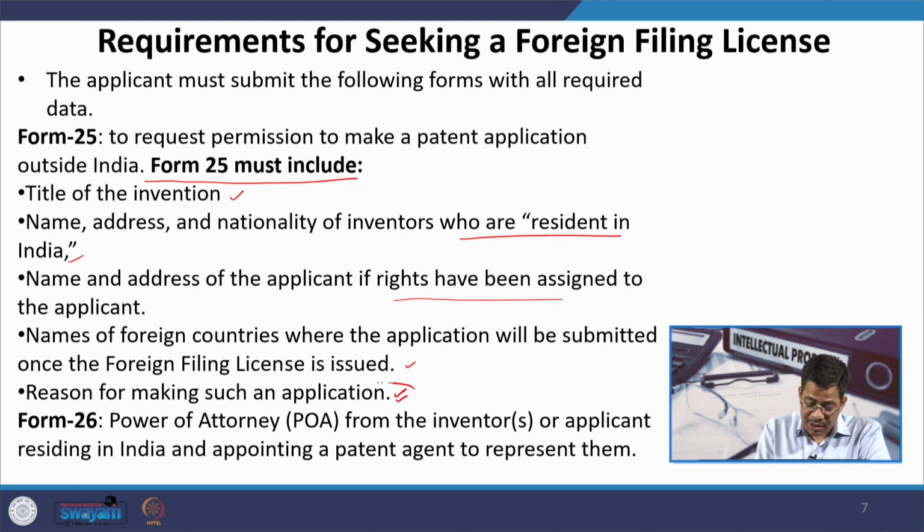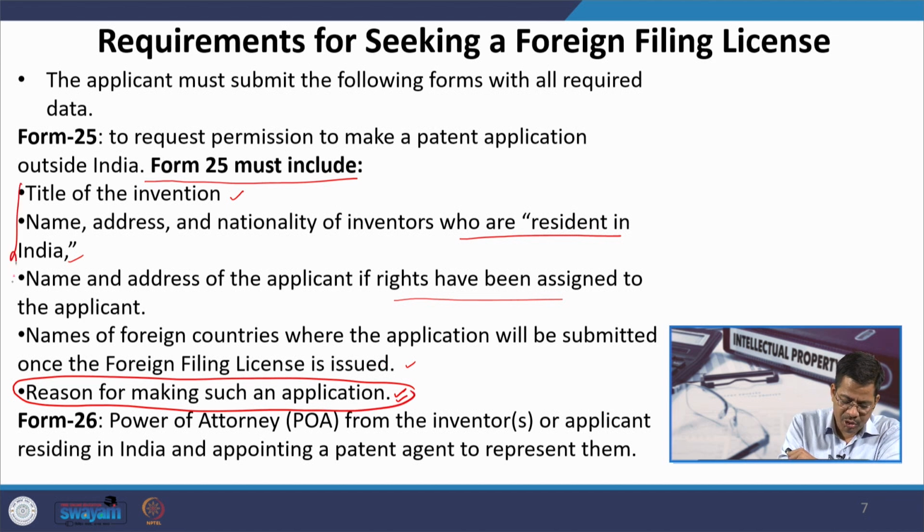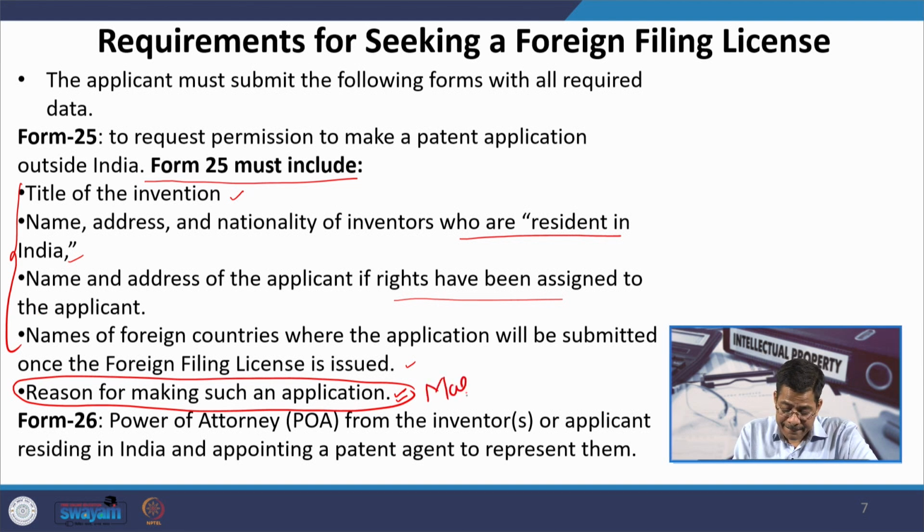This is the most important thing. Out of all the things which are more customary, the reason for making such an application, why you want FFL, this is the most important thing.